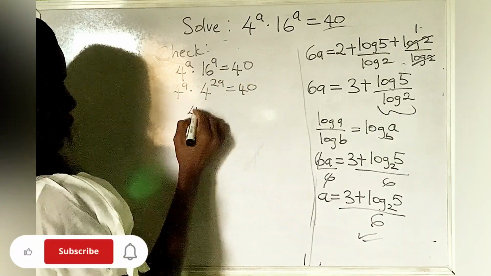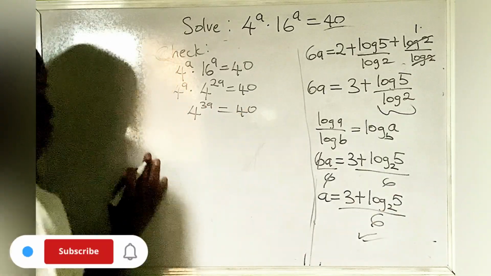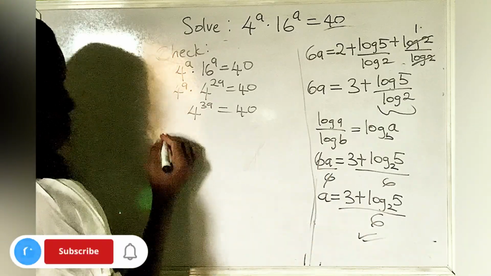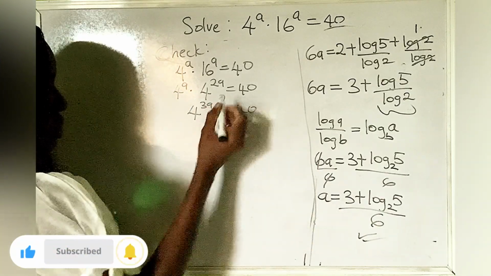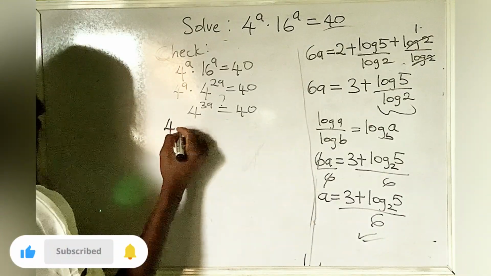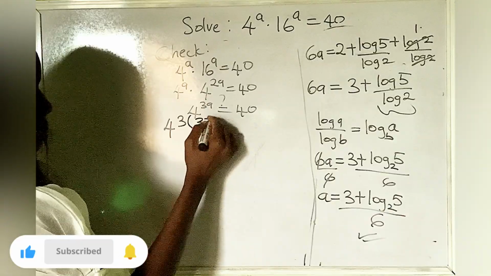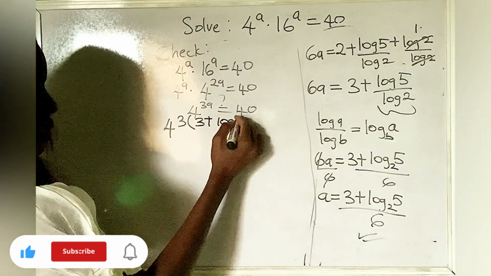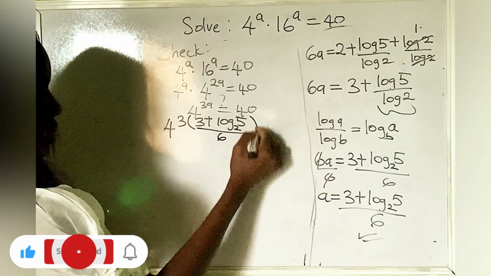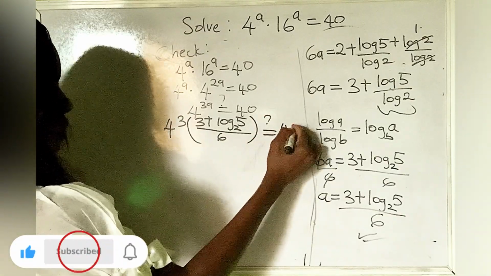And this is 4 raised to power 3a is equal to 40. Let's stop here. We have our a already. So wherever we see a here, we put in this value to check, right? So we'll plug in our a, 4 raised to power 3, and our a is what? 3 plus log 5 base 2 all over 6. Is it equal to 40?